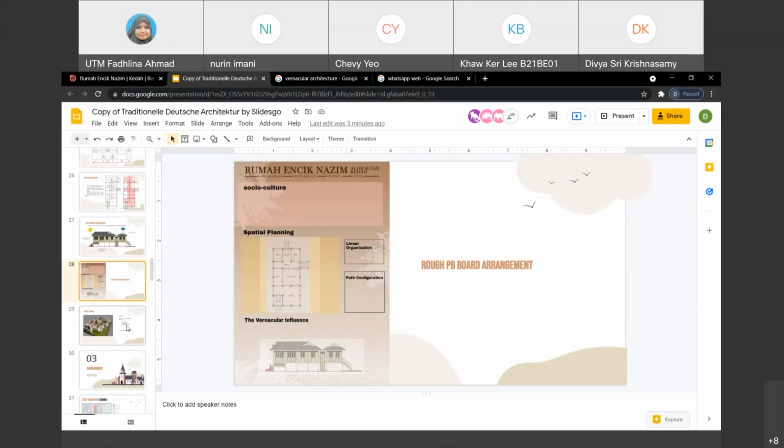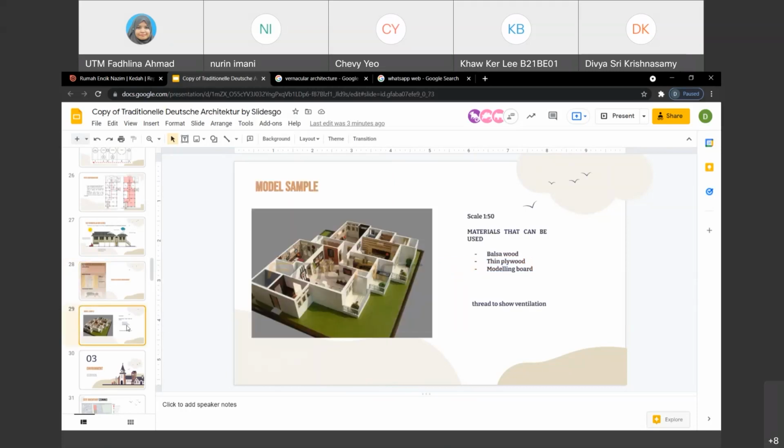Okay, and then as for the model, since I'm doing spatial planning, it would be something like this. With the scale of 1 to 50, the materials used are balsa wood, maybe a thin plywood or a modeling board.